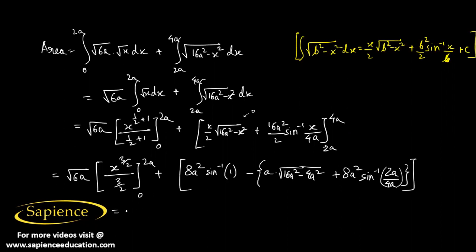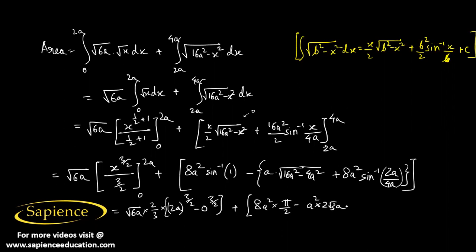So this will be your root over 6a times 2 by 3 times 2a whole power 3 by 2 minus 0 power 3 by 2. Now plus this will be 8a square times sine inverse 1, which is pi by 2, minus a square into 12a square. So square root of 12a square, this will be 2 root 3a.